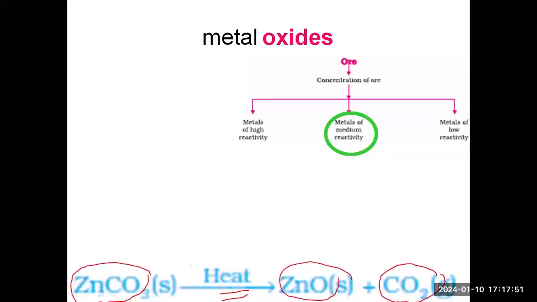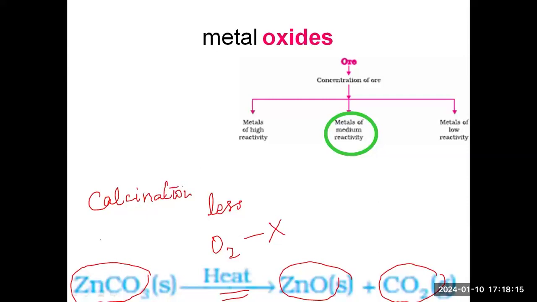If you see this equation carefully, you will notice that the presence of oxygen is not there. It means this ore is being heated in less amount of oxygen. So when you heat it in less amount of oxygen, this process is called calcination.